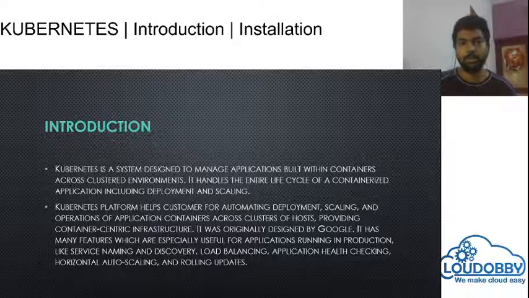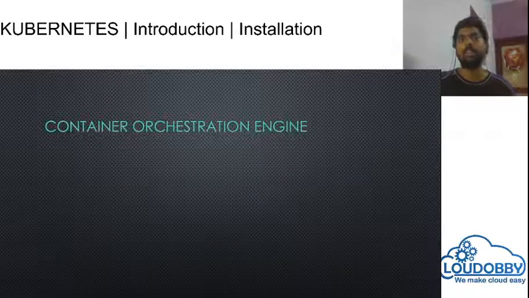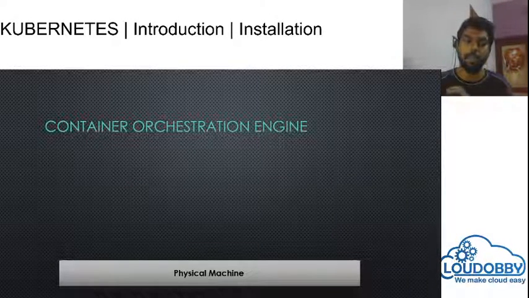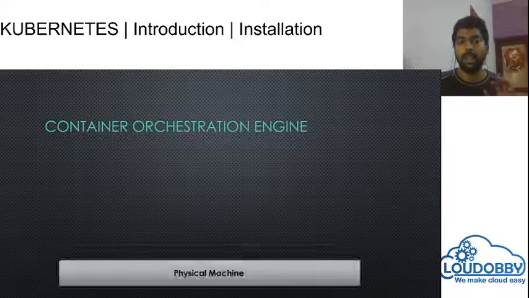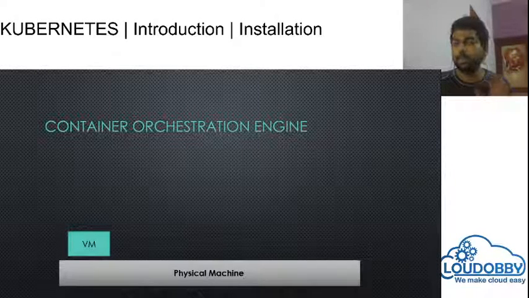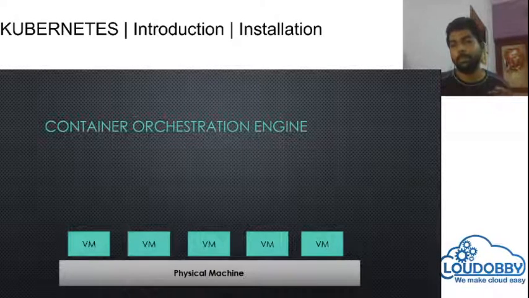Now we will move on to the container orchestration engine at a high level, and how it will look. We have a physical machine, which is nothing but our host. On top of the physical machine, we always have VMs. It can be one VM or multiple VMs on top of the physical machine. Now we install the operating system on top of the virtual machine.